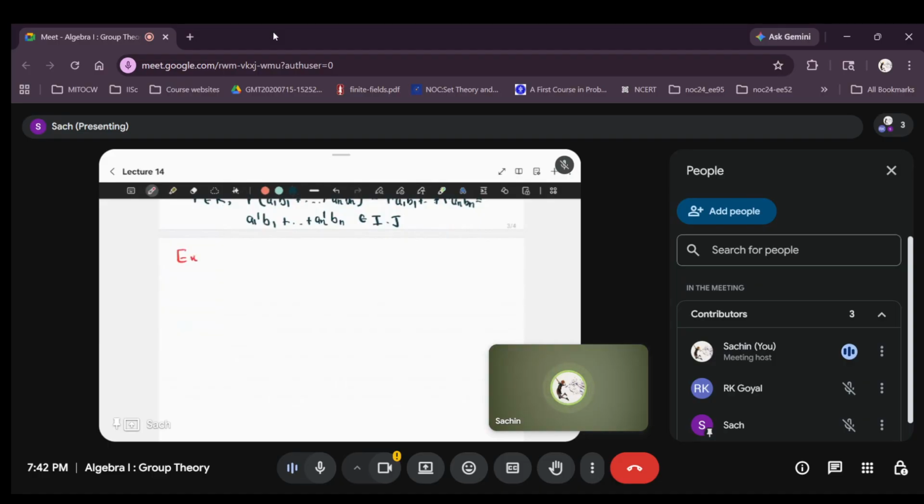So, for example, R is the set of integers. The ideal I is 2Z, ideal J is 3Z. We had I plus J is the multiples of the GCD of 2 and 3. Since 2 and 3 are co-prime, I plus J is simply Z. What will IJ be?